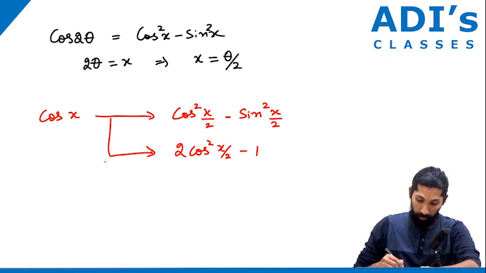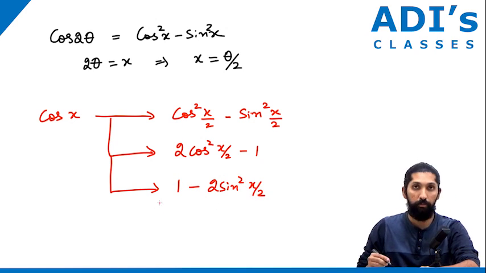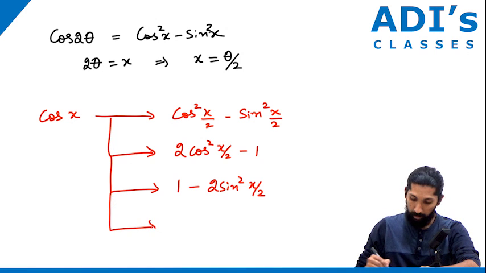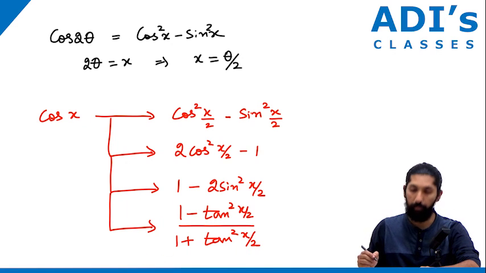Correct? The next one is 1 minus 2 sin square x by 2. Then finally 1 minus tan square x by 2 by 1 plus tan square x by 2.